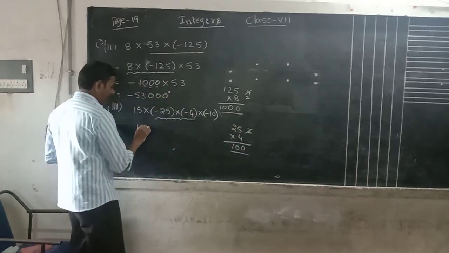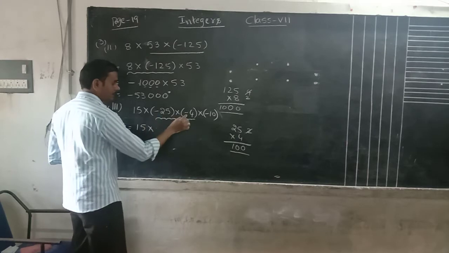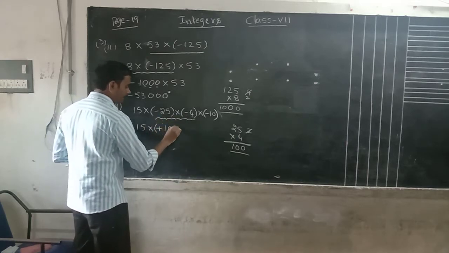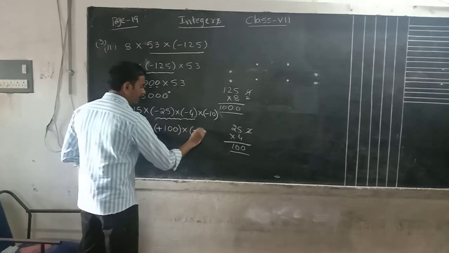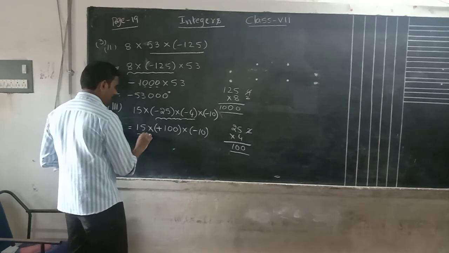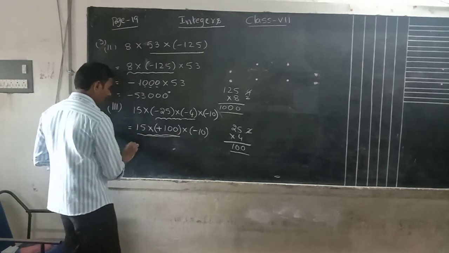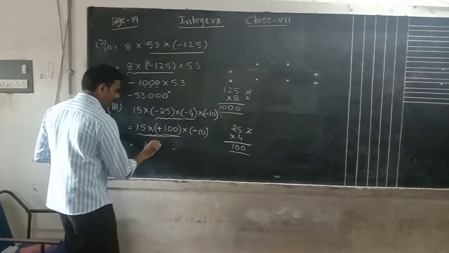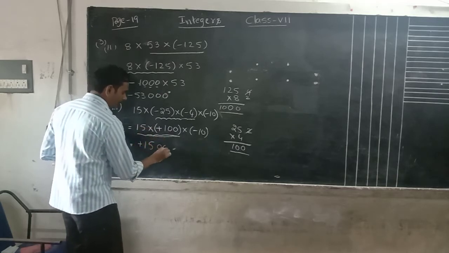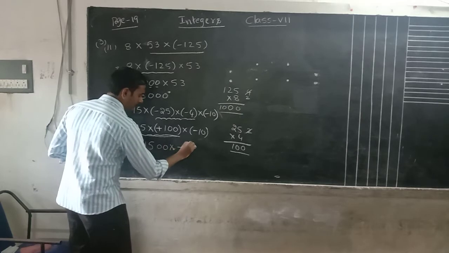That means 15 multiplied by plus 100 multiplied by minus 10. Now we can multiply this. 15 ones are 15, plus into plus only plus, with 2 zeros, into minus 10.